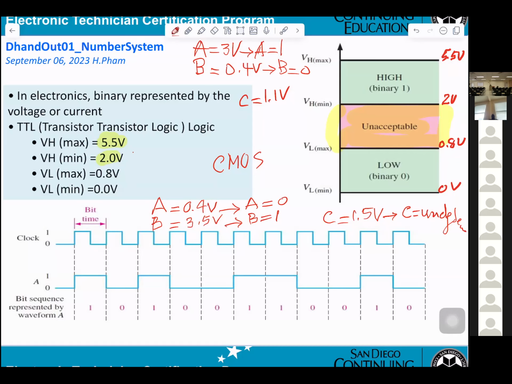And now, this is what we call a clock signal. It looks like a square wave that keeps going forever. You have the time it goes high, goes low, then high, low, keep going forever.